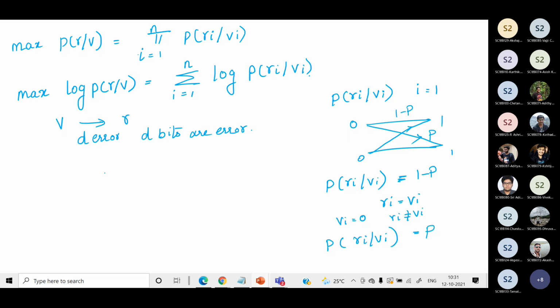So this summation will become D times log P plus, among these n bits, D bits are in error, so the corresponding probability is P, so D into log P. The remaining n minus D bits have no error, so the corresponding probability is 1 minus P. Is this clear? Yes, ma'am. What about others? Yes, ma'am. Right?